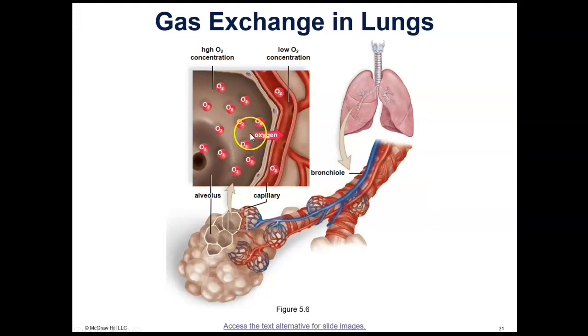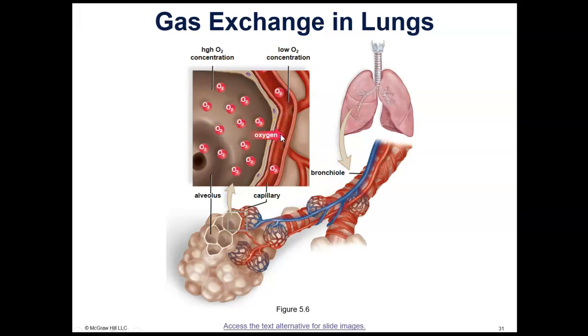So the concentration of oxygen is very high in those alveoli. It's low in your blood. So oxygen is simply going to diffuse across the phospholipid bilayer of the plasma membranes of the alveoli and the capillary, from the lungs into the blood.